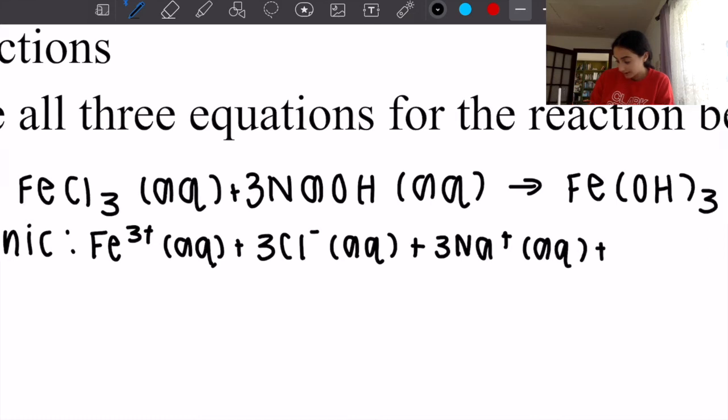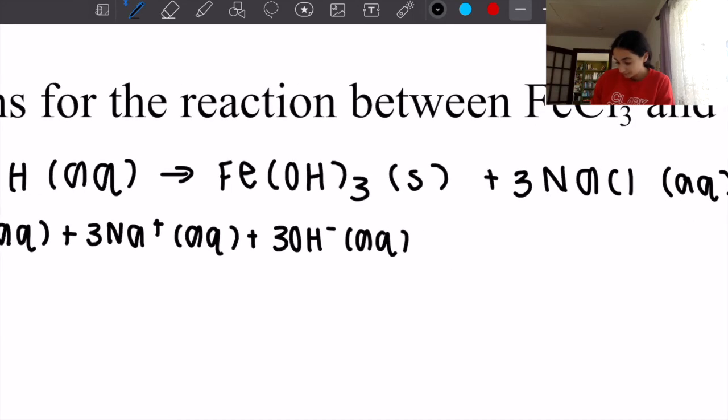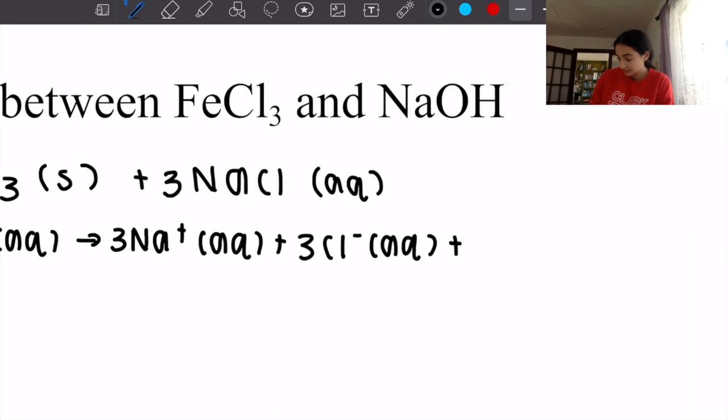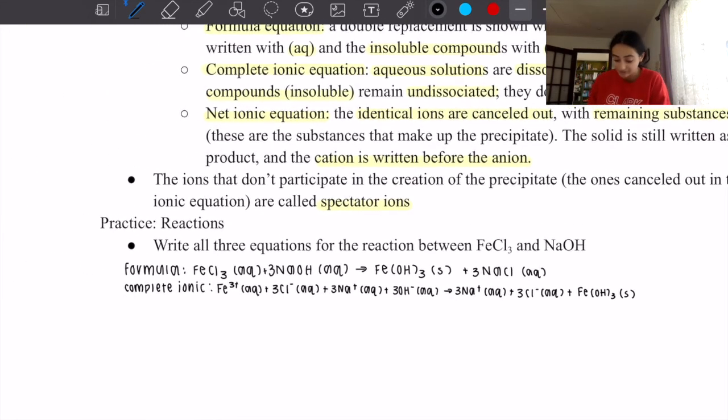So we have 3Na+, plus 3OH-, that is going to yield 3Na+, 3Cl-, plus Fe(OH)3, which is still a solid because that is a precipitate.